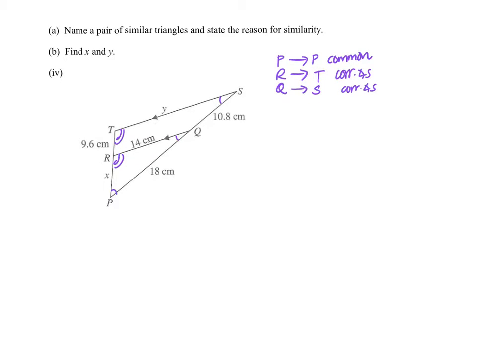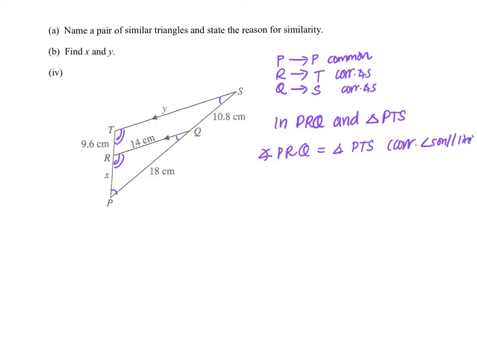So now please write your proof. We're going to start with triangle PRQ and triangle PTS. So for these two triangles, we just need any two angles. Which one would you like to choose? So maybe I'll start with angle PRQ equals angle PTS, corresponding angles on parallel lines.